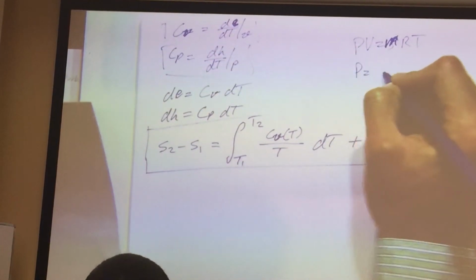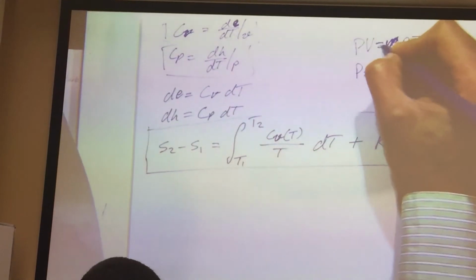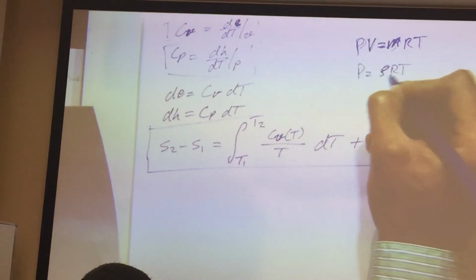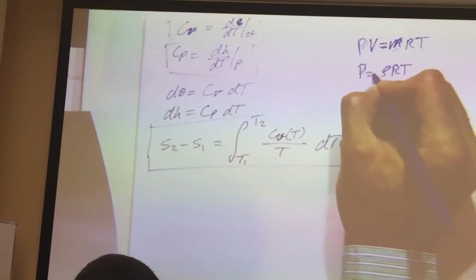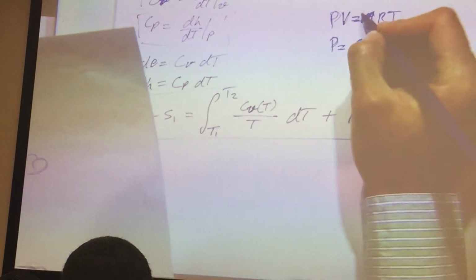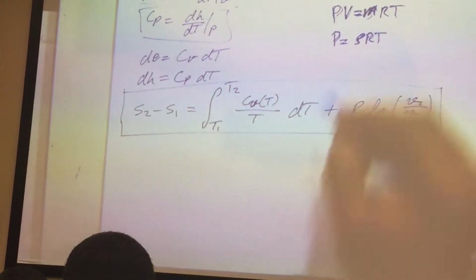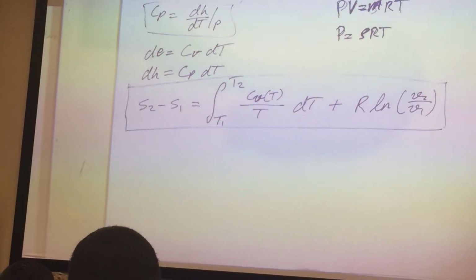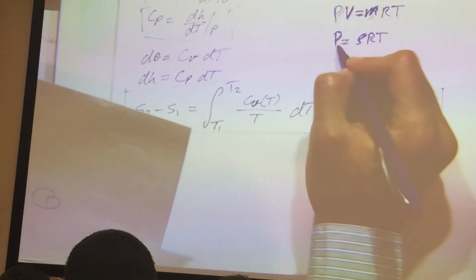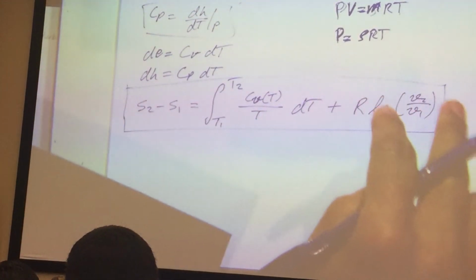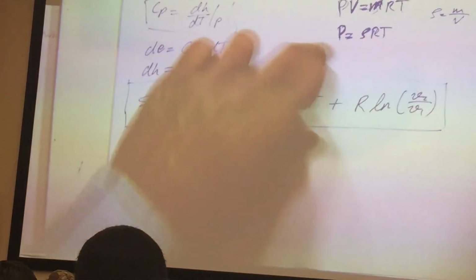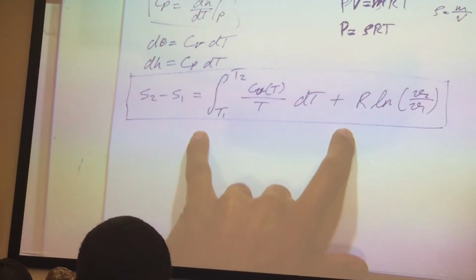So P is equal to rho RT. I'm used to P equals rho RT in general form, so that's why rho is equal to m over V. That's how you get that. Any questions on this?